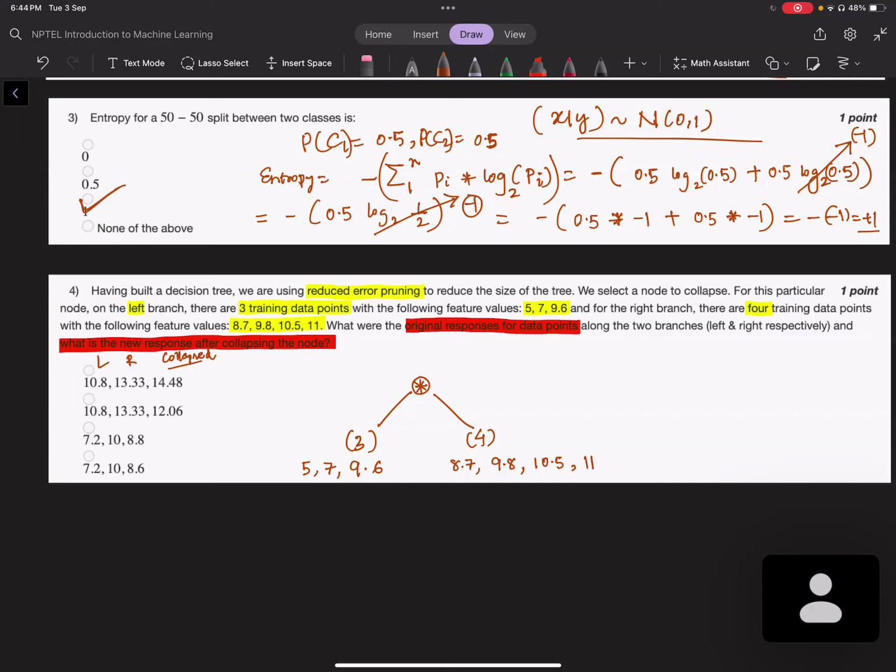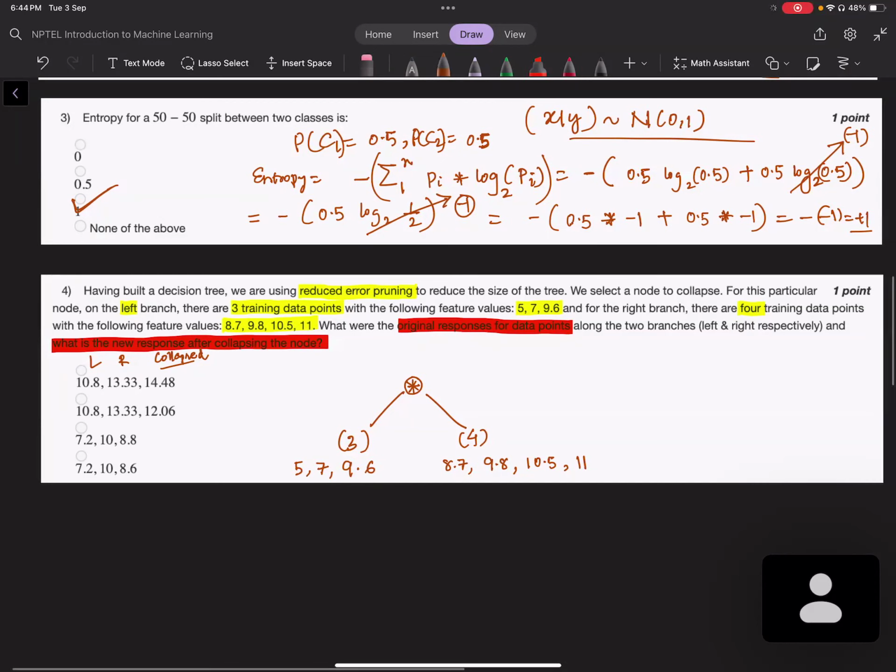So if you find the value on the left, it's just the mean, if you know the formula already. The left side responses are 5, 7, 9.6.